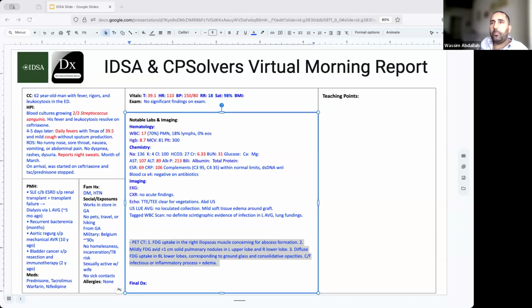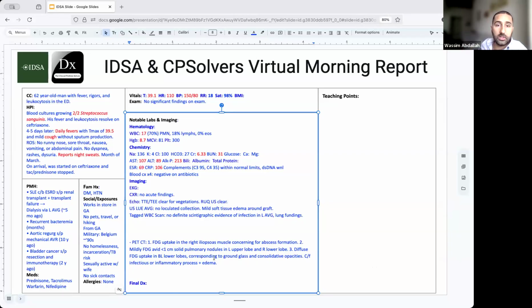Based on that, we called orthopedic surgery regarding that fluid collection around the right hip, and they requested that an ultrasound be done and then an aspirate of that fluid, which we did, and cultures were sent from it.